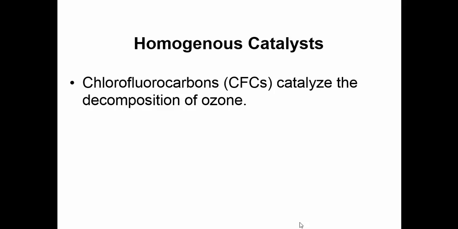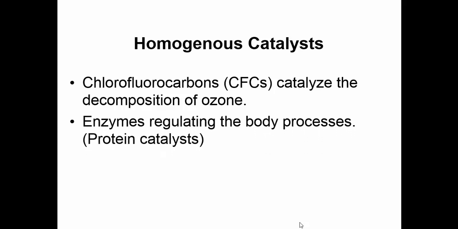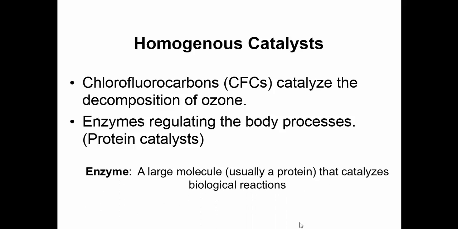But it's the CFCs that are causing that breakdown because they act as a catalyst. The CFC and the ozone are in the same phase. They're both gas. Enzymes are also homogeneous catalysts because they exist in the dissolved liquid state that they act upon.